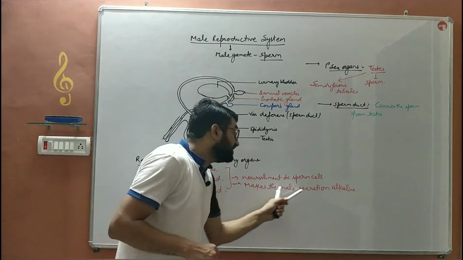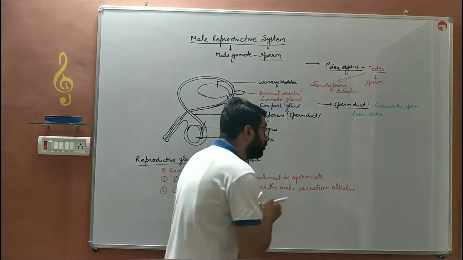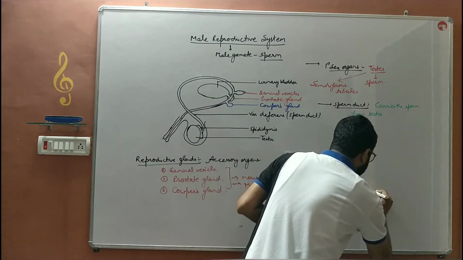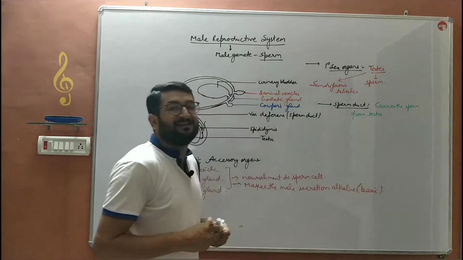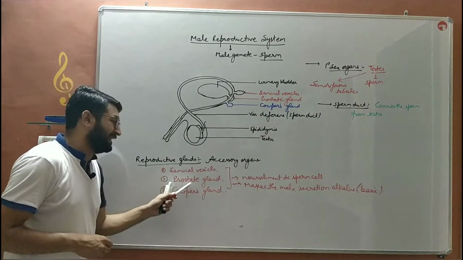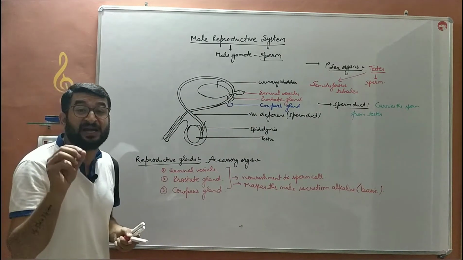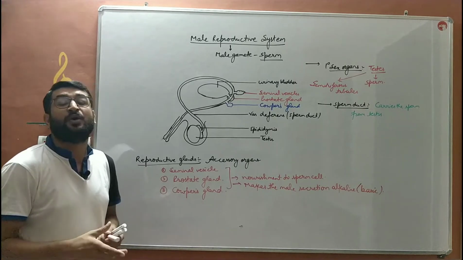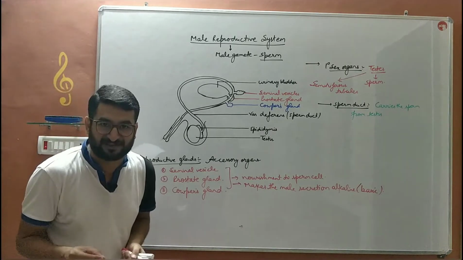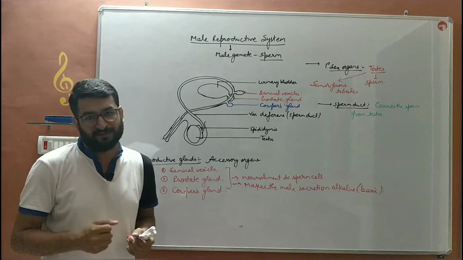So these male secretions need to be alkaline or basic in nature, and that alkaline medium is added by these glands. It's a very important NCERT question for your board exam, children: what are the functions of seminal vesicles and prostate gland?